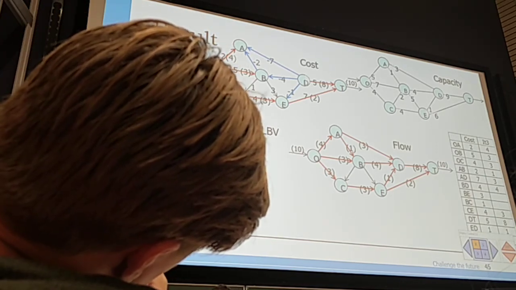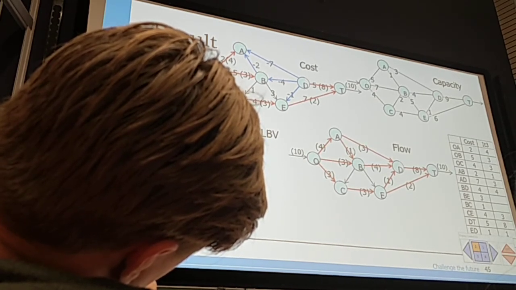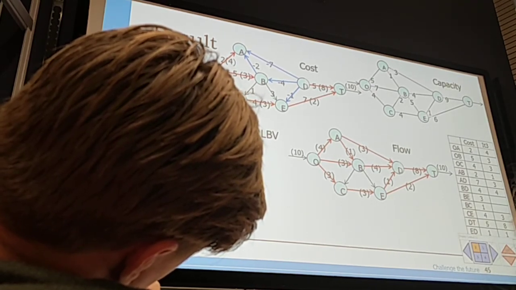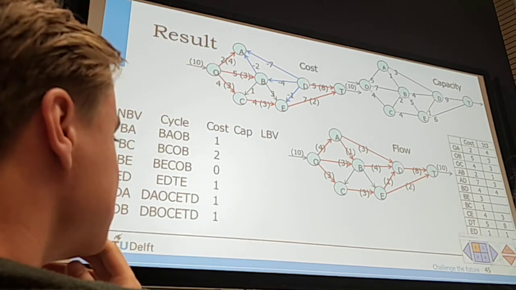This is our final solution. For all the non-basic variables, all the unused links, the cost is positive, so there's no further possible decrease in our objective. This is our minimum cost flow.